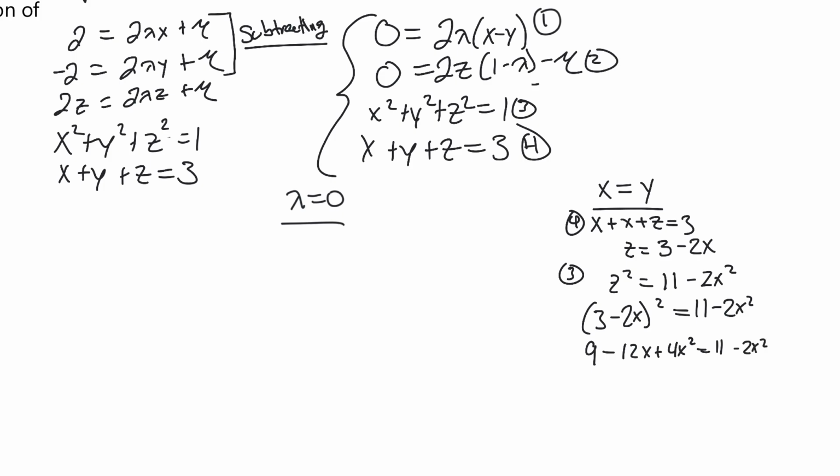If we get this equal to 0, let's write this in the standard form we would like: 6x squared minus 12x minus 2 is 0. So 3x squared minus 6x minus 1 is 0.